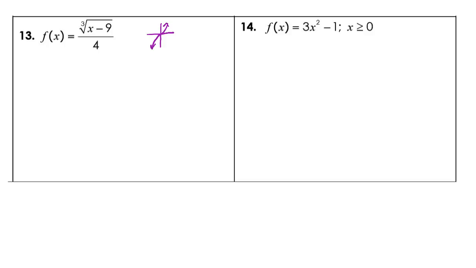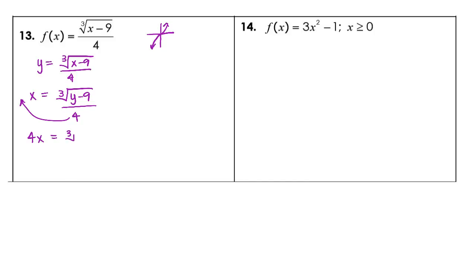So again, going back, we will change f of x to y. So we have y equals the cube root of x minus 9 all over 4. Exchange places with x and y. So we have x equals the cube root of y minus 9 all over 4. We're going to multiply this 4, bring it up here. So we have 4x equals the cube root of y minus 9.